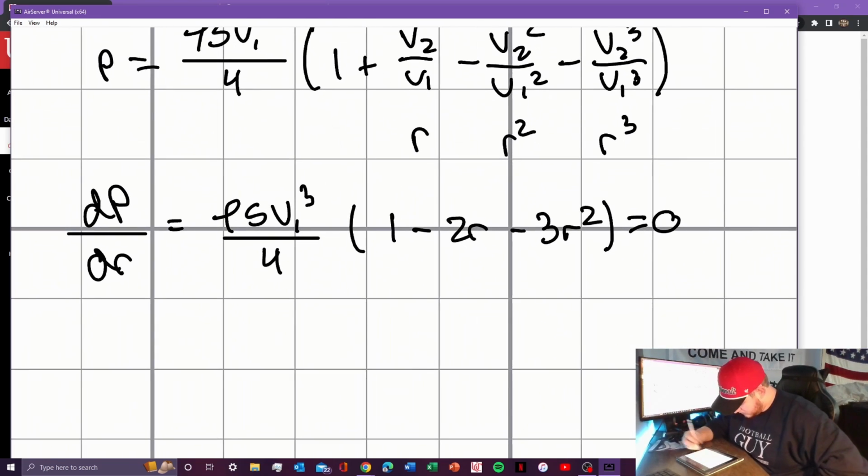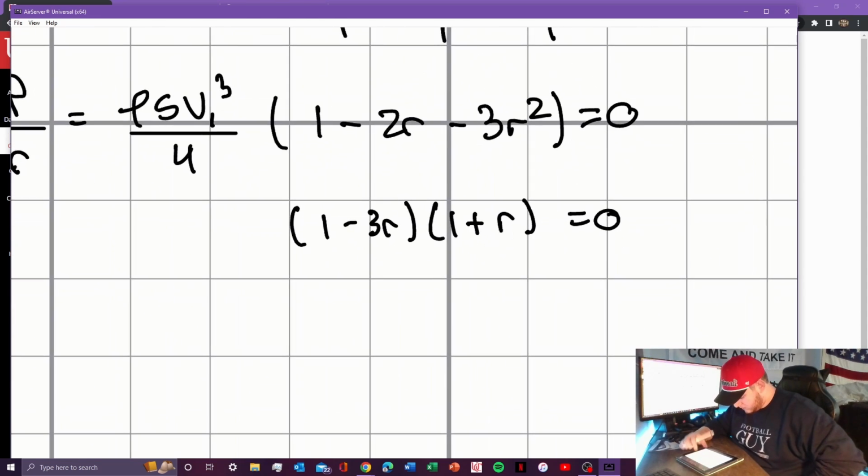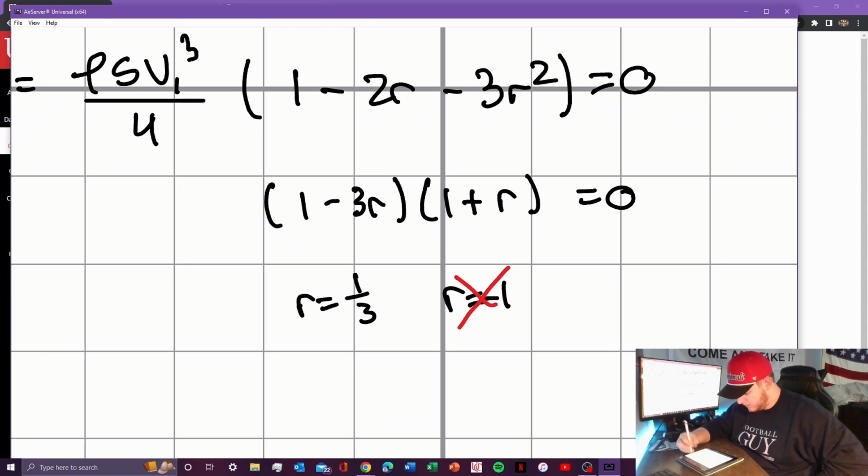Now we can factor this, and we are left with 1 minus 3R and 1 plus R equal to 0. Which means we have R is equal to negative 1 and R is equal to 1/3. We don't want the negative one because if the ratio is a negative number, that means the flow is going backwards, and that's not what we want.